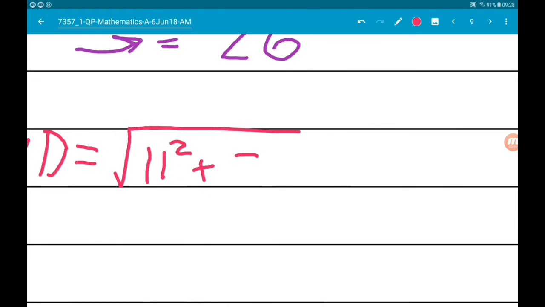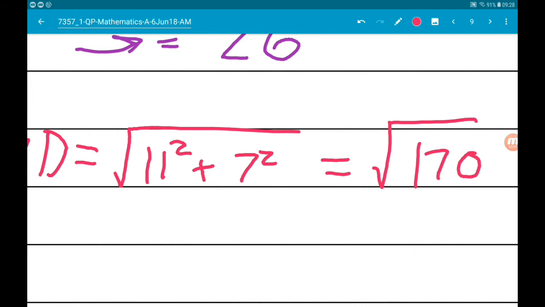So that gives us the square root of 121 add 49, which is the square root of 170.